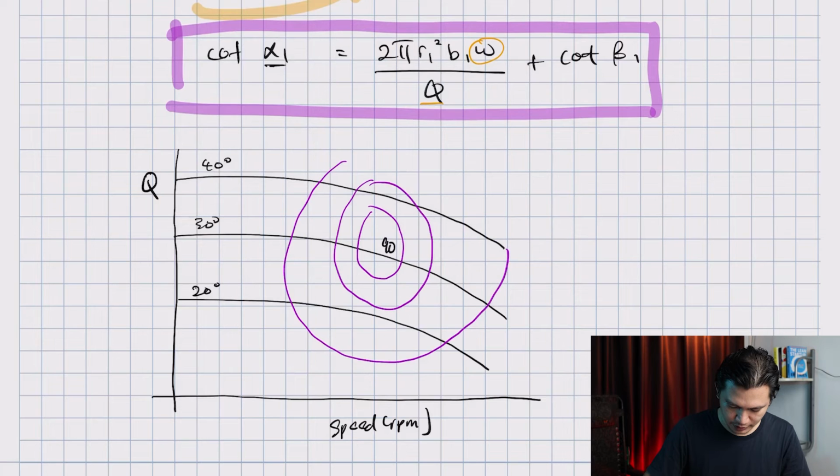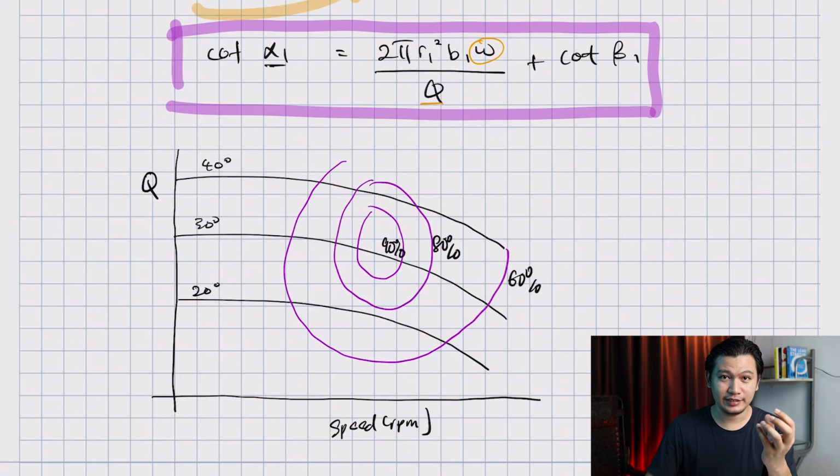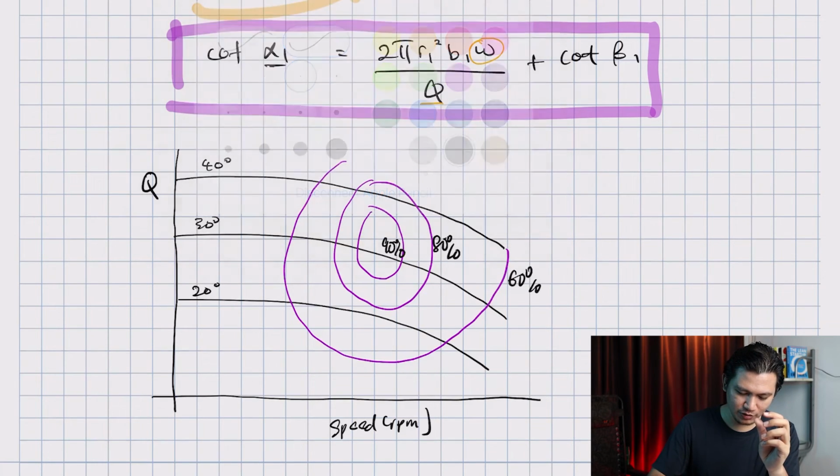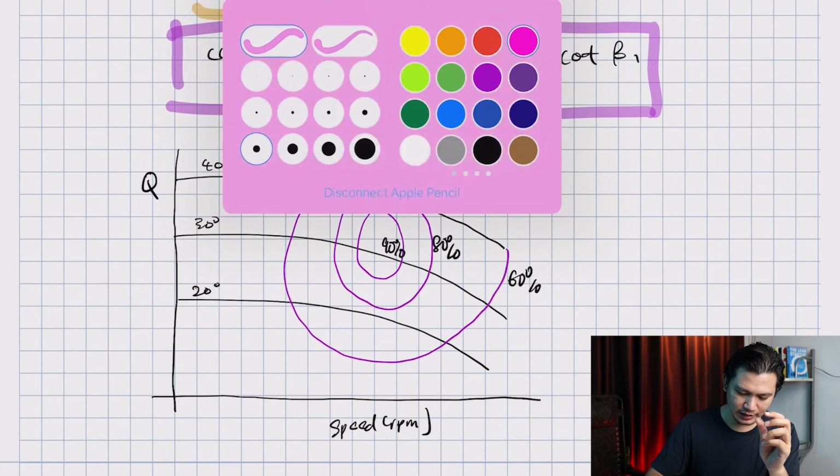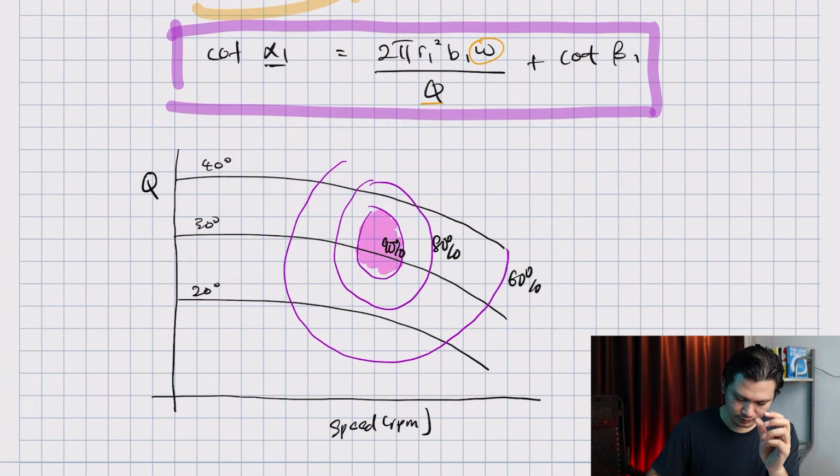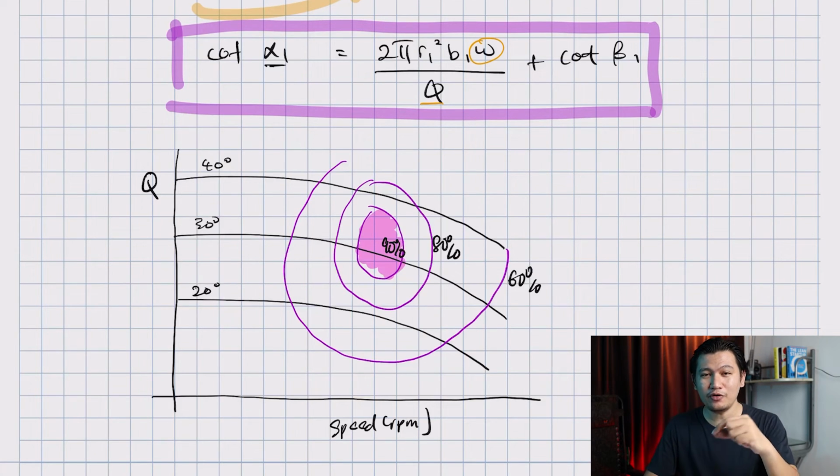Say this could be 90% efficiency, this could be 80%, and the outer region could be 60%. Ideally, you want to install the turbine when you have the operating condition exactly here. The higher the efficiency of the turbine, the more energy you can extract from the fluid. So that's the importance of this curve.